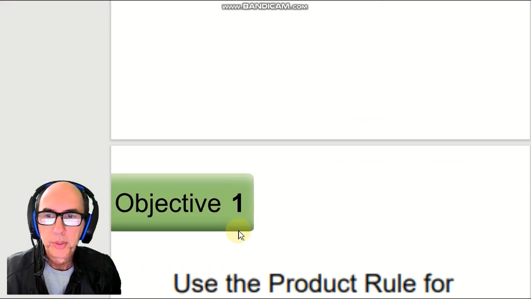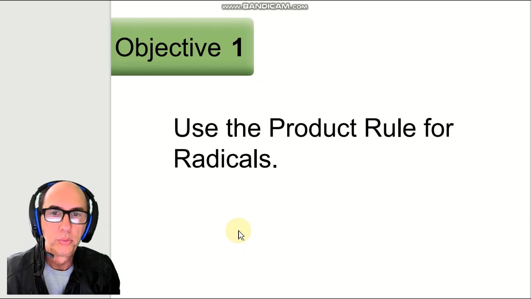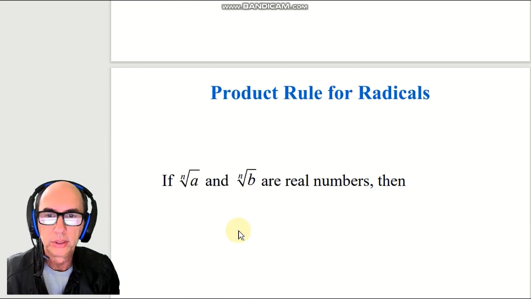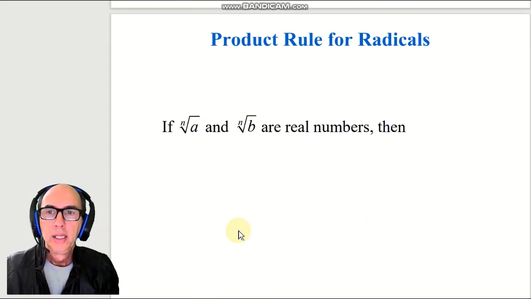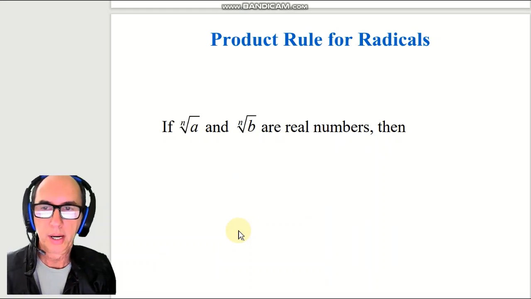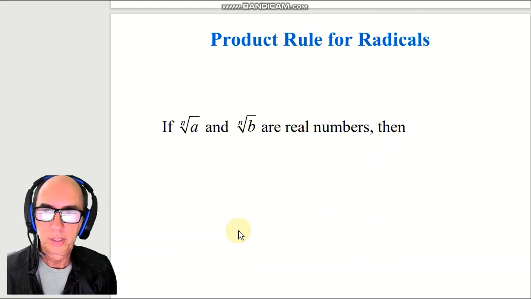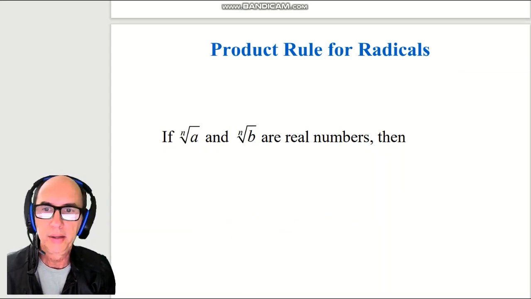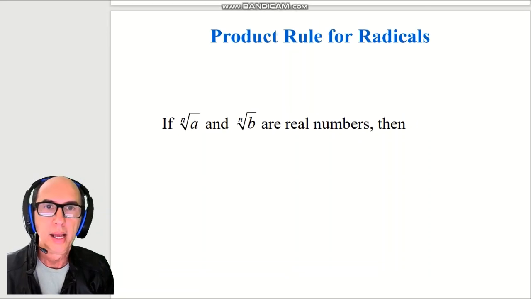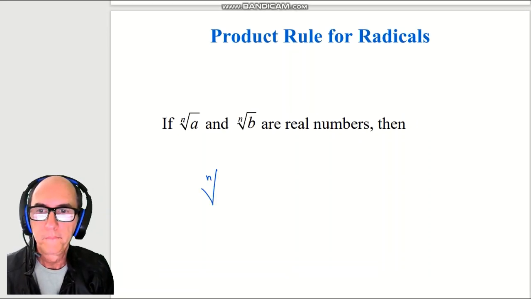Simplifying radical expressions, let's use the product rule for radicals to begin with. Let's say we have the nth root of a and the nth root of b.